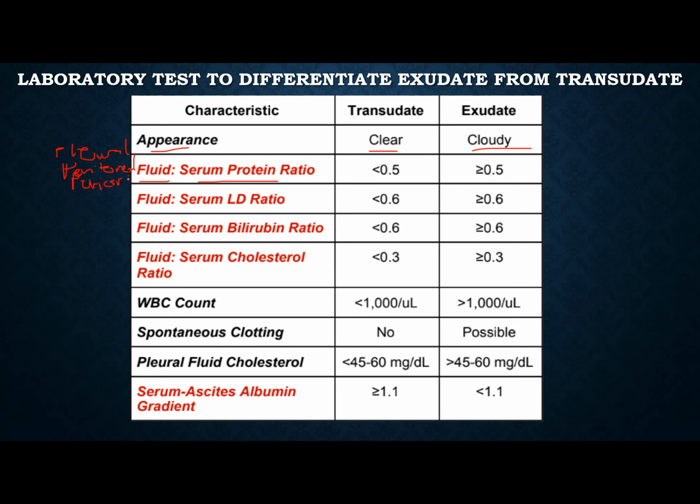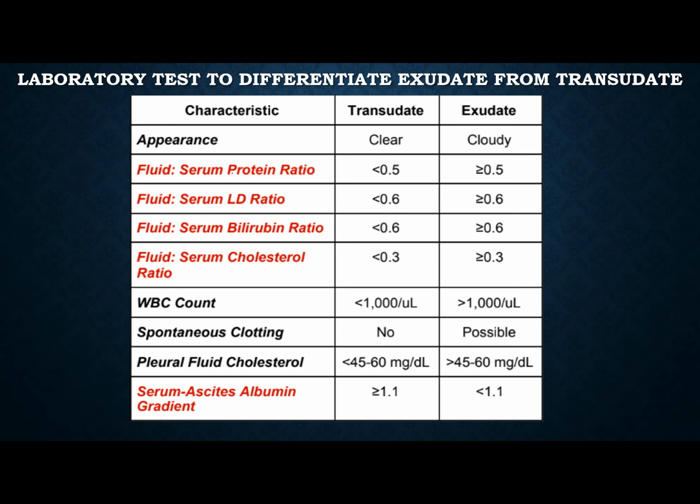So if you want to know if the pleural fluid is a transudate or an exudate effusion, you need to do this. Or if you want to know if it's a peritoneal transudate or exudate, you need to test for this. Now, those that are in red class are the most important tests that would be done.